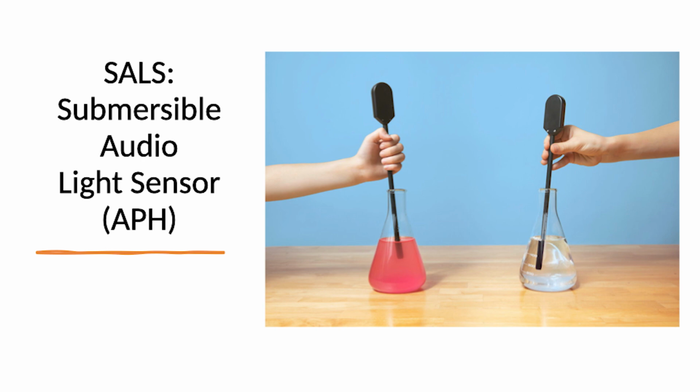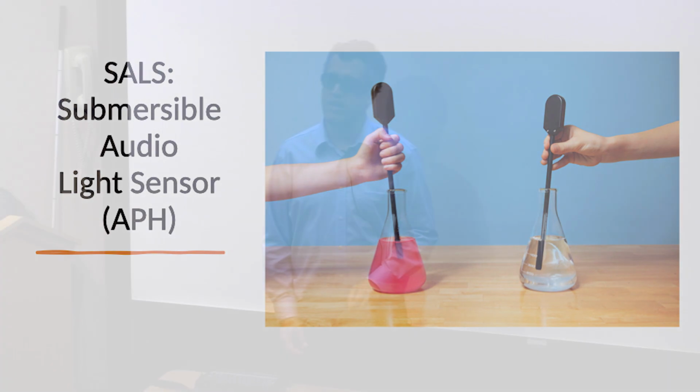So one of the inventions I designed when I was in grad school: I had to come up with a way to detect the formation of a precipitate in a clear solution. And I worked with a senior electrical engineering team at Penn State to design the original submersible audible light sensor, or SALS sensor, that consists of a light sensor in a glass tube.